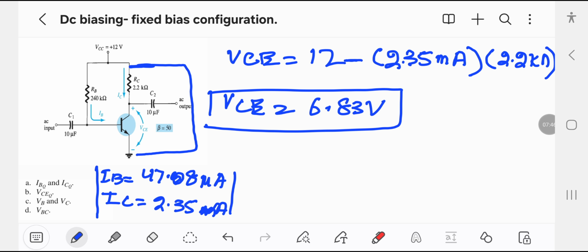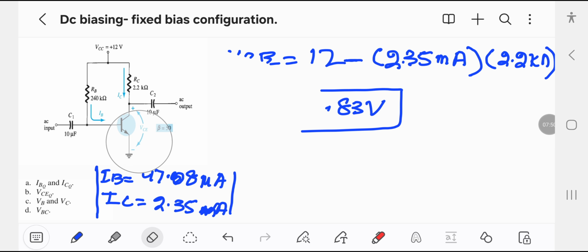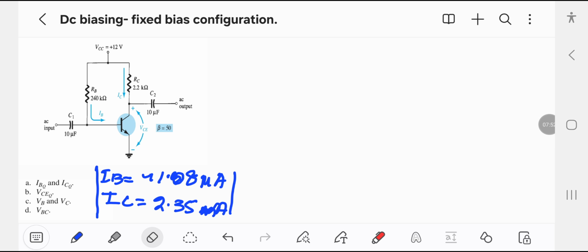Now the B case can be written here. So let's write the B case, which is VCE equal to 6.83 volt.